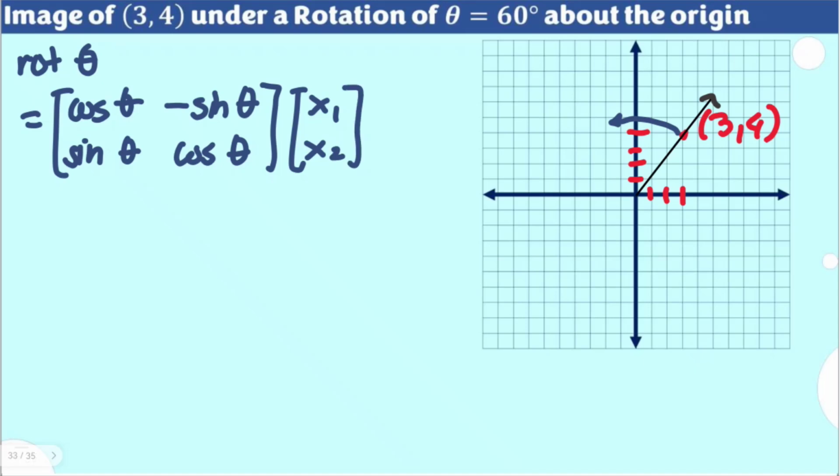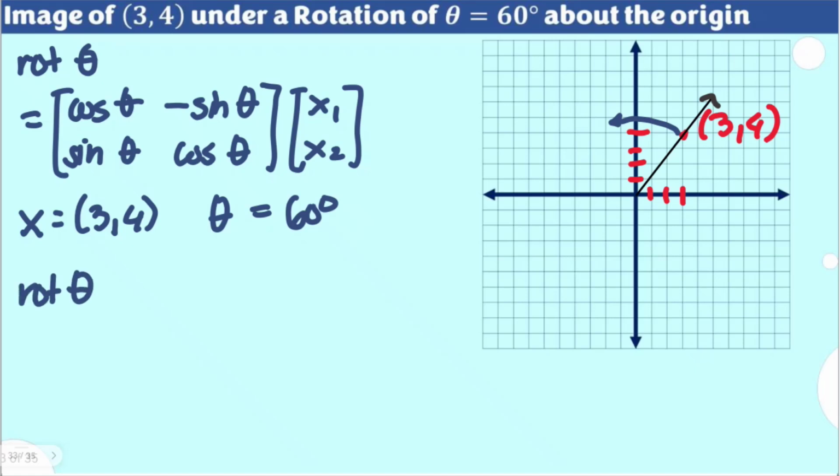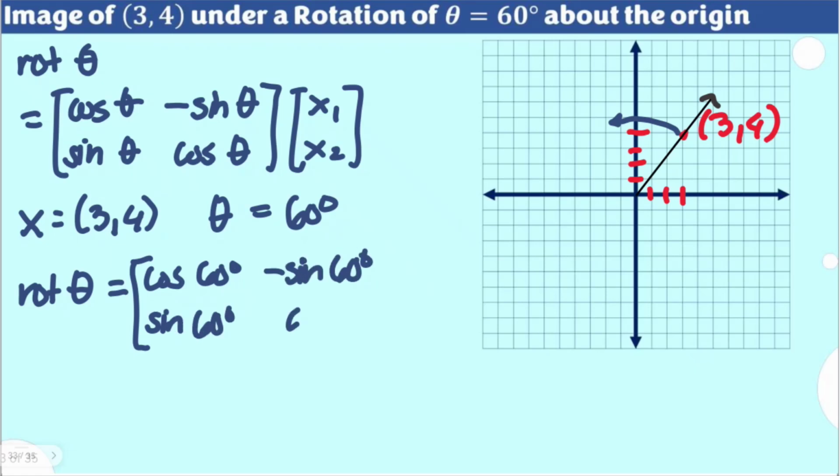We know that our point is (3, 4) and our theta is 60 degrees. Hence, the image of the rotation for (3, 4) is cosine 60 degrees, sine 60 degrees, negative sine of 60 degrees, cosine 60 degrees, times the components 3 and 4.